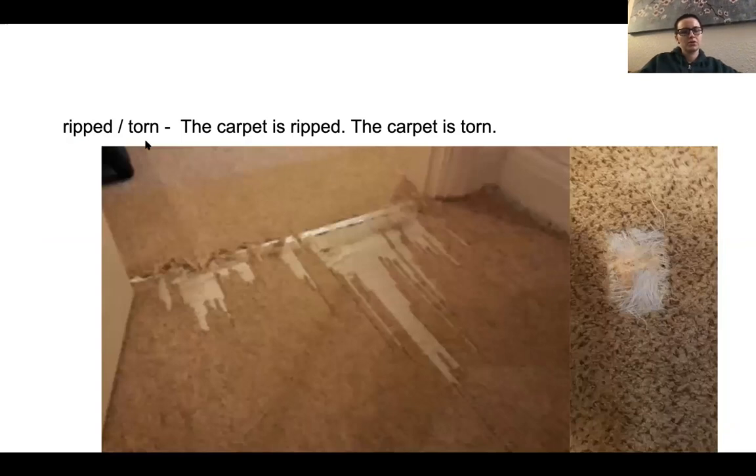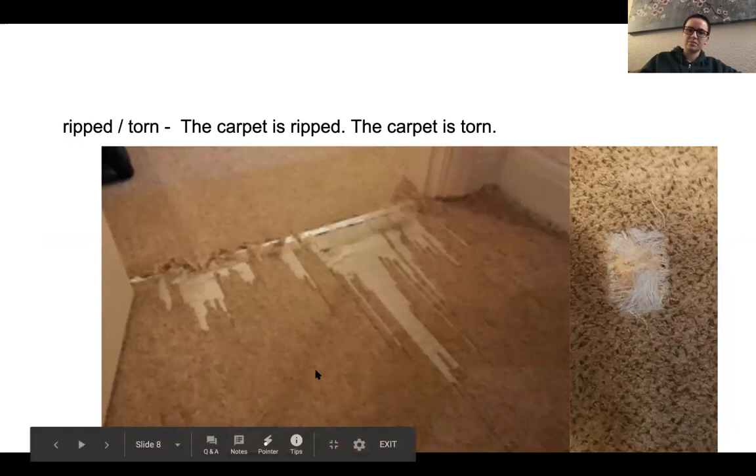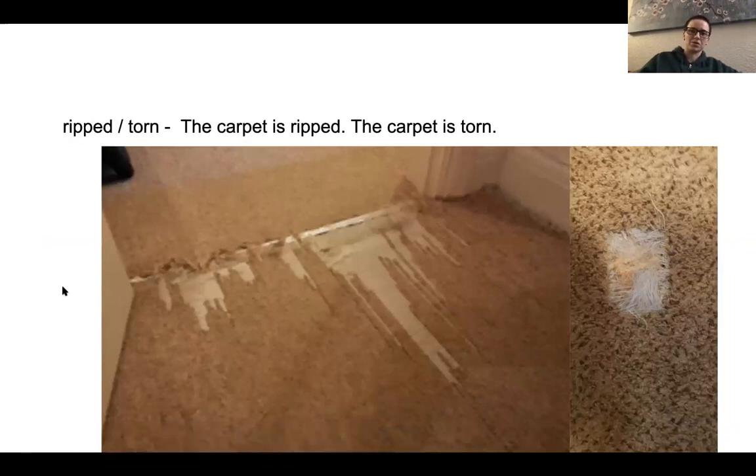Ripped, torn. The carpet is ripped. The carpet is torn. And these sentences are true for both pictures. I just picked this picture because I think it's easier to see. It's a better picture. But this picture is also an example of ripped or torn. So the carpet is ripped.